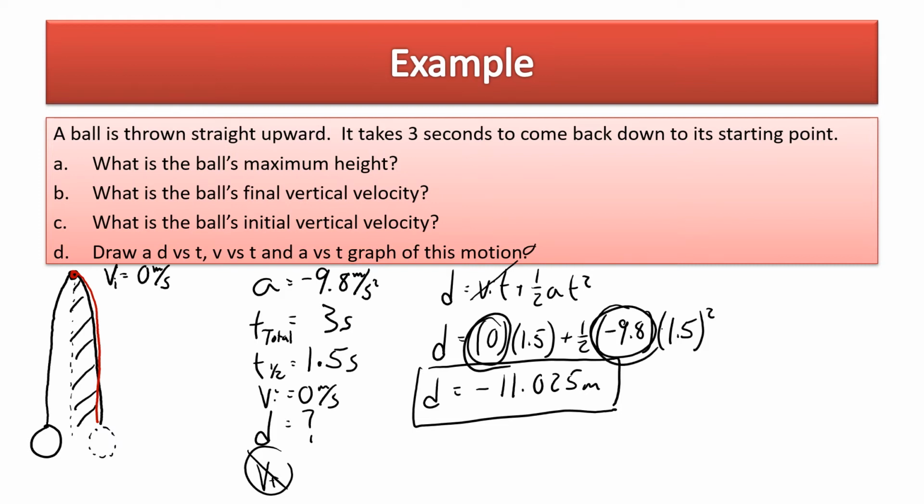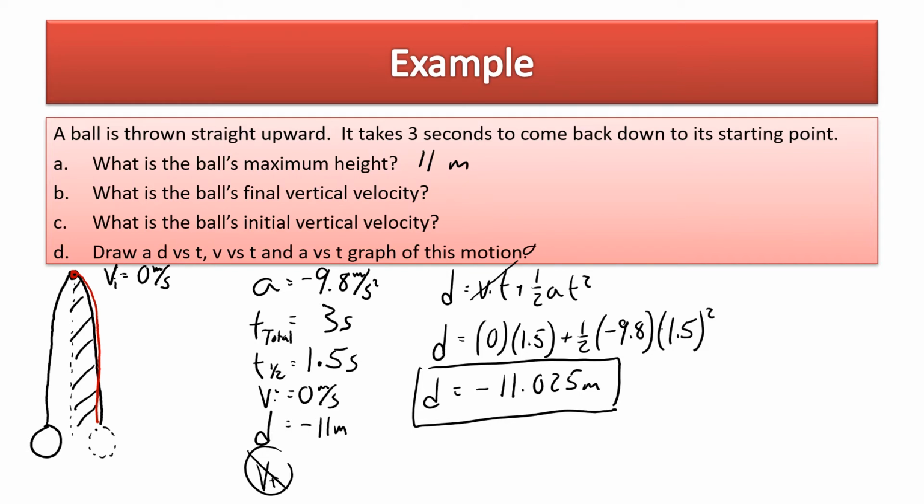So that means that you're starting here and you're accelerating downward in the negative direction. So if you wrote that on your answer, that's totally fine. I know what you mean, but you could also say, okay, the maximum height is 11 meters. I'm answering the question. I'm rounding it, so we'll round that answer. Equals 11.